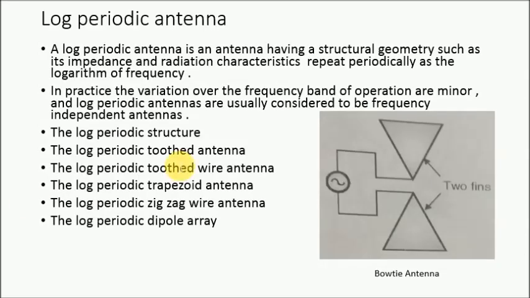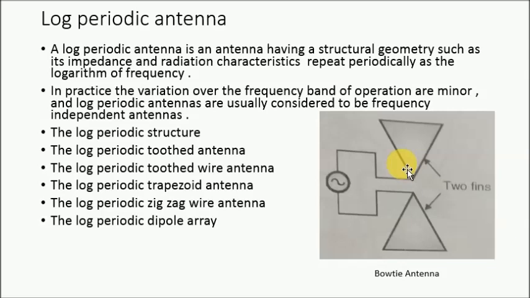Now we will see the log periodic antenna. A log periodic antenna may be similar to the spiral antenna, and its structure is specified by the angle, and hence it becomes frequency independent. A log periodic antenna is an antenna having a structural geometry such that impedance and radiation characteristics repeat periodically as the logarithm of frequency.